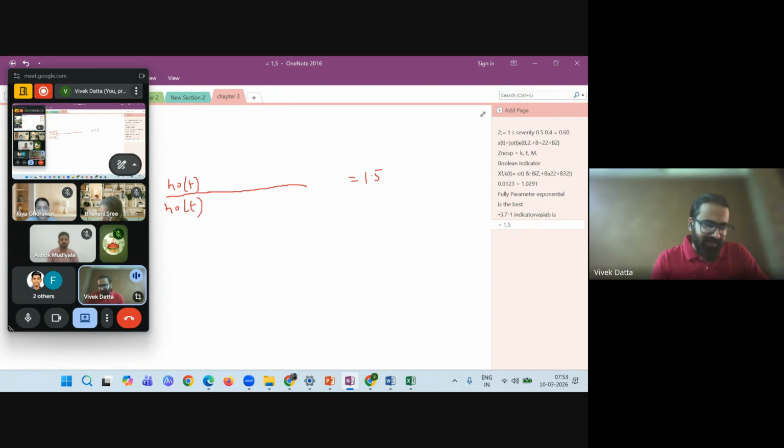The first one says hazard of resuming work for males who started claiming benefits. So we have e raised to 1 into the age when he started, Z1, beta A. Okay, 1 into beta A. How has this one come? It is based on 17 minus 16, which is equal to 1.